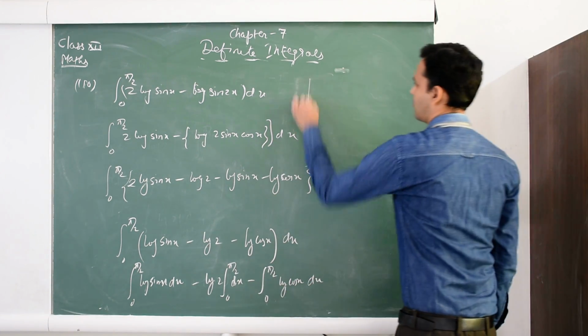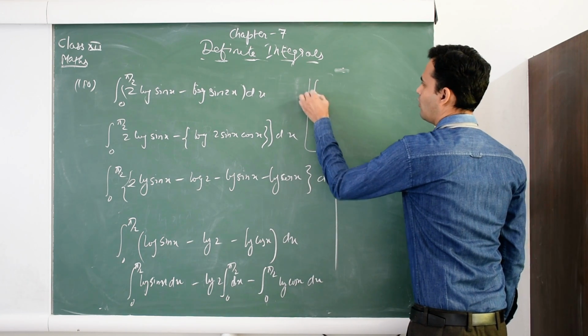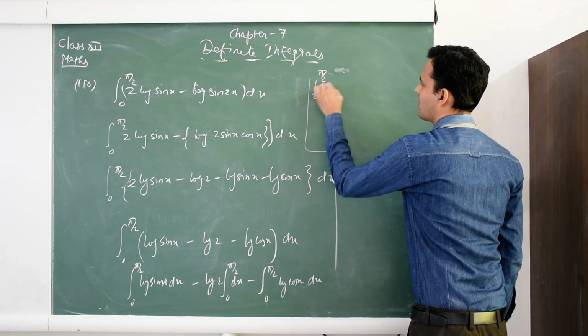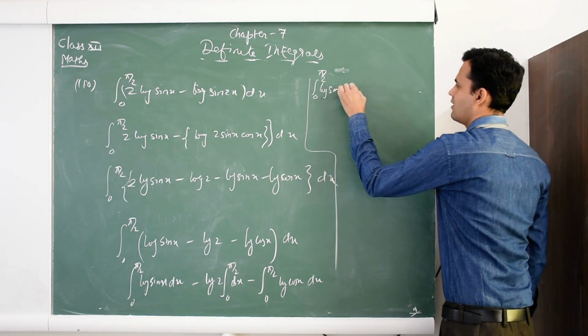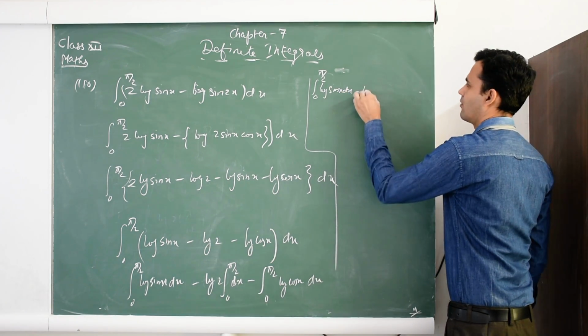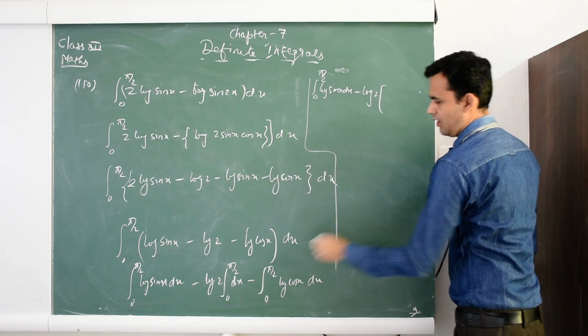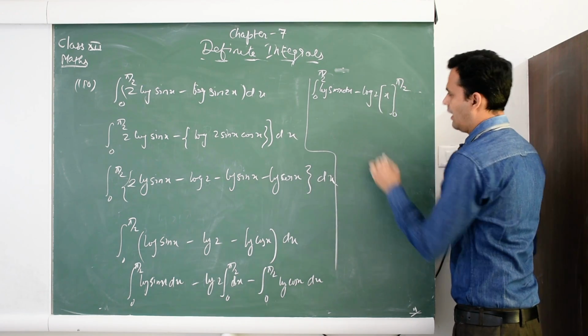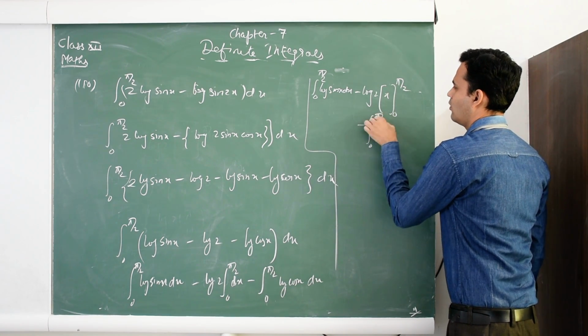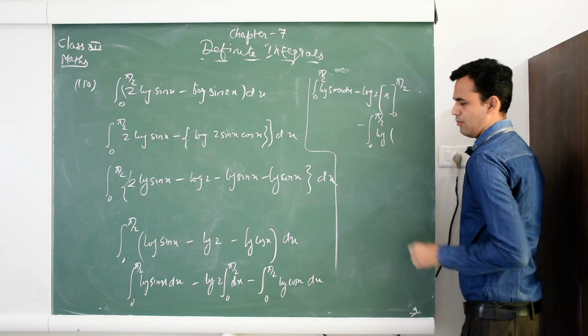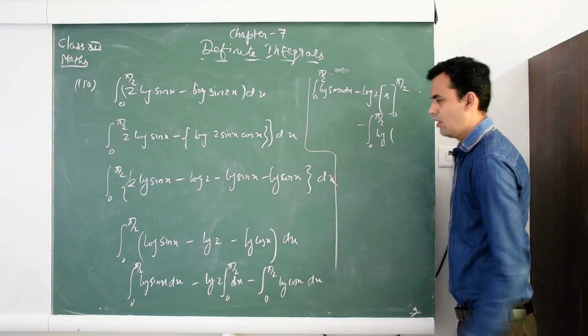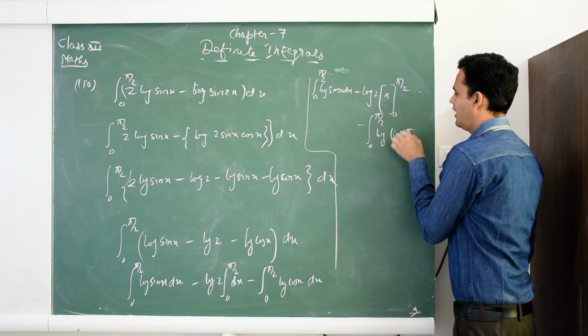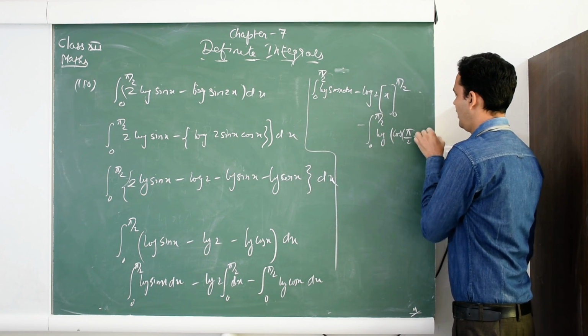So, integral 0 to pi by 2 of log sin x dx as it is, minus log 2 times the integration of dx, which is x, from 0 to pi by 2, minus the integral from 0 to pi by 2, where we write this by property number 4 as log cos (90 minus x) dx.